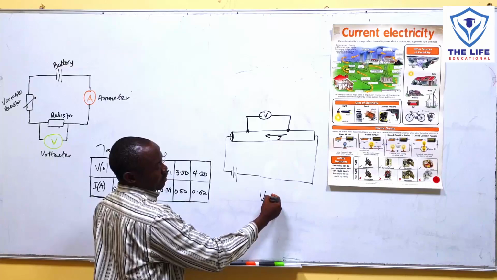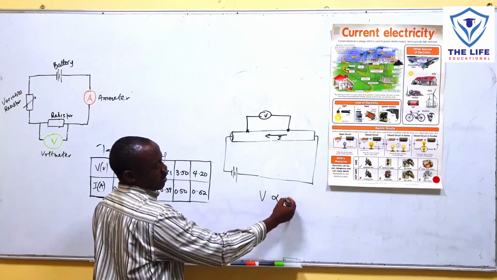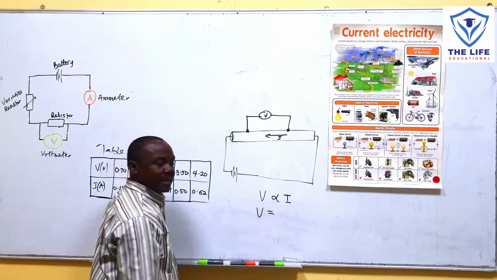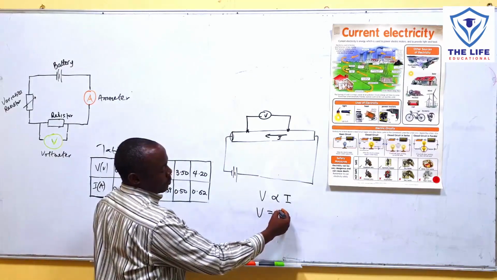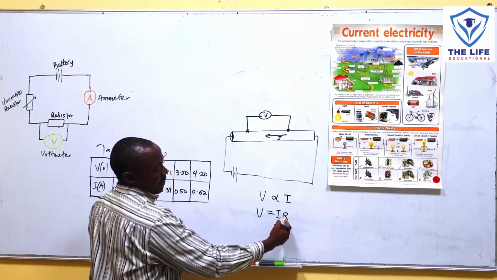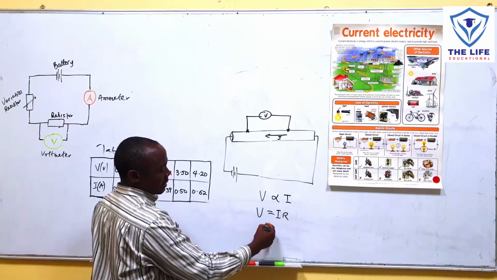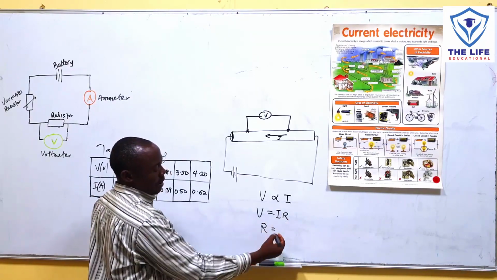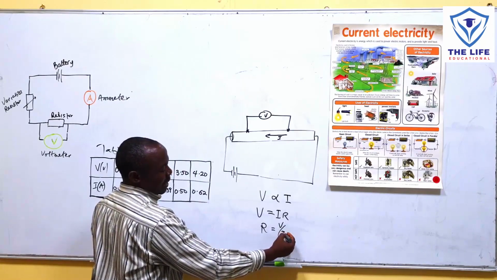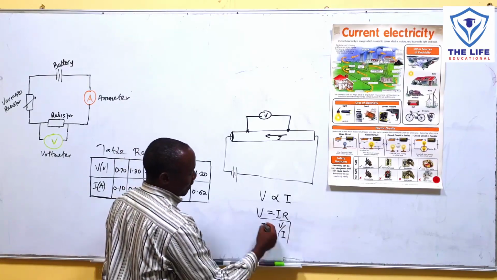We say that the potential difference V is directly proportional to the current flowing. And according to the law of mathematics, this can be taken further to be V equals IR, where the letter R represents the resistance. And of course, we have R obtained as V divided by I.